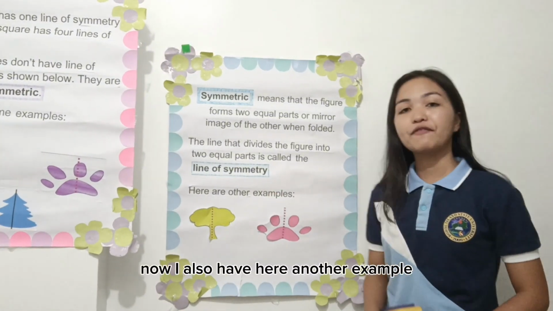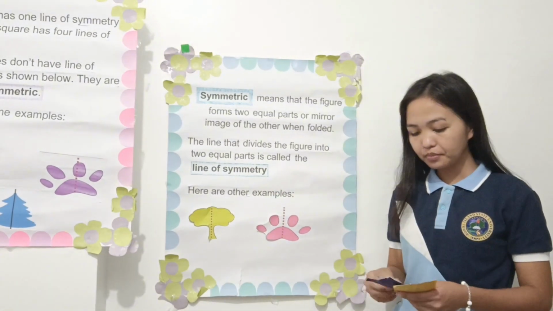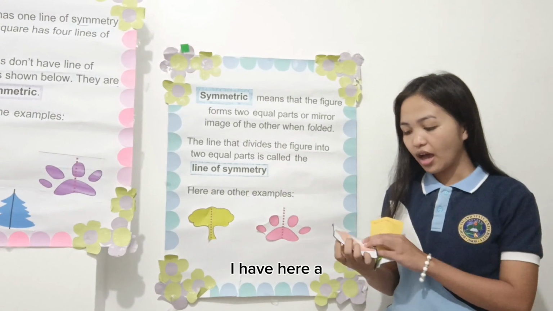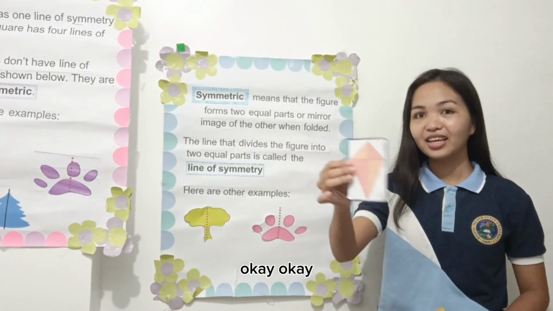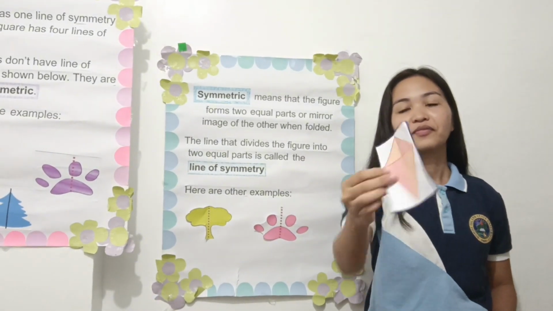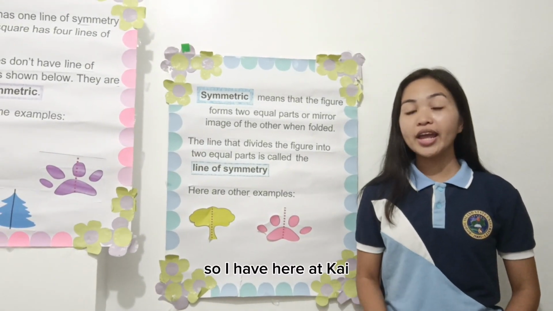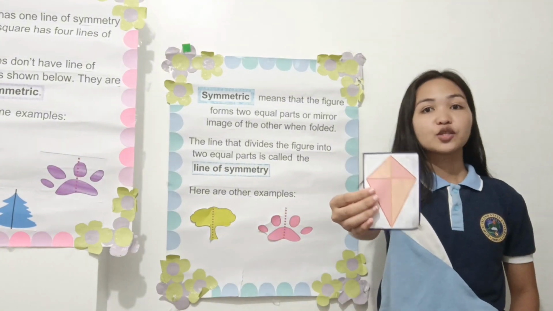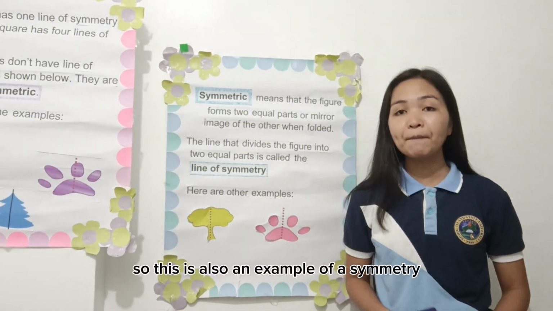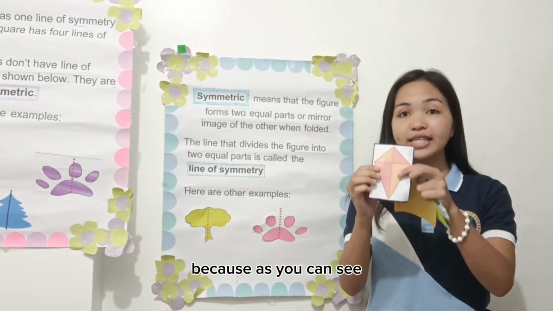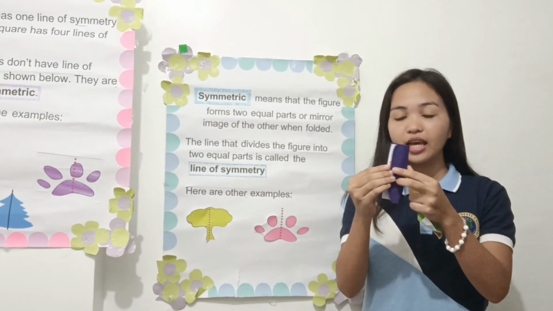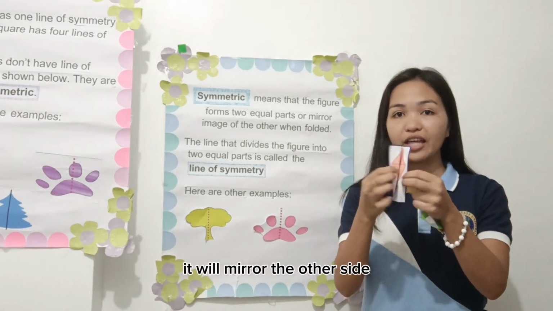Now I also have here another example. I have here a kite. So this is also an example of a symmetry, because as you can see, if we fold this, it will mirror the other side.